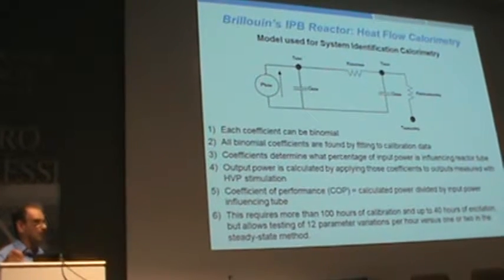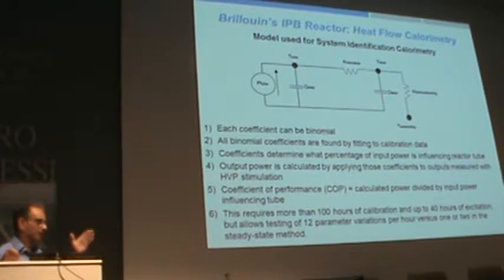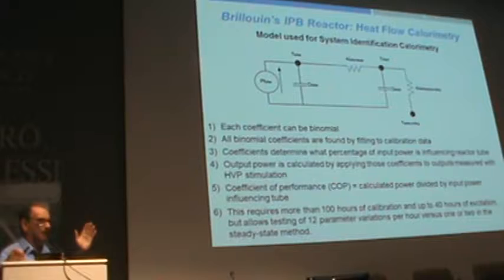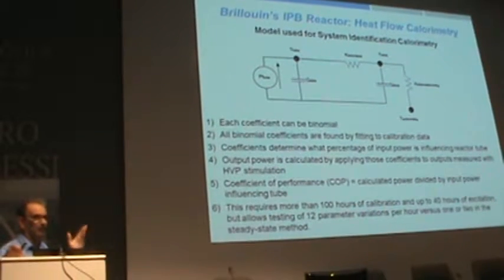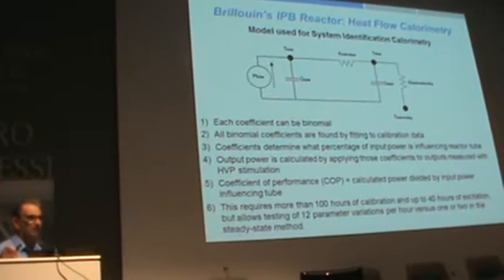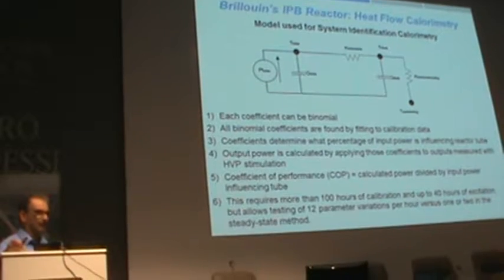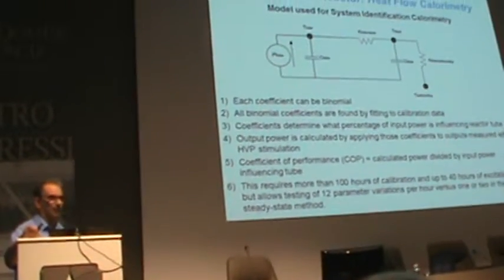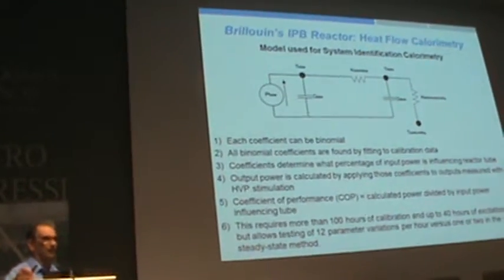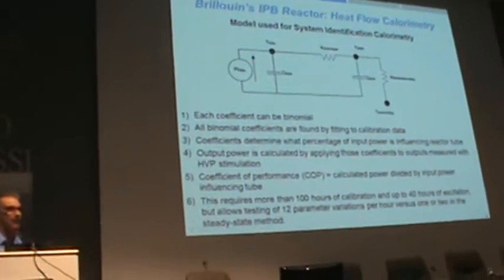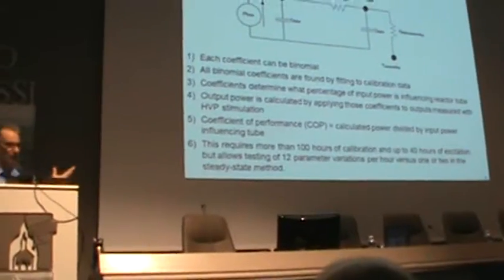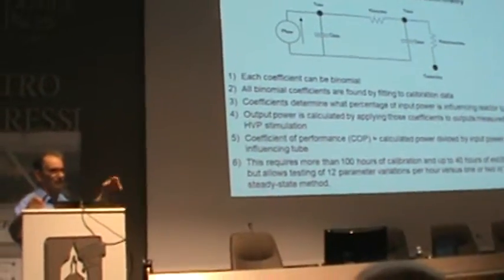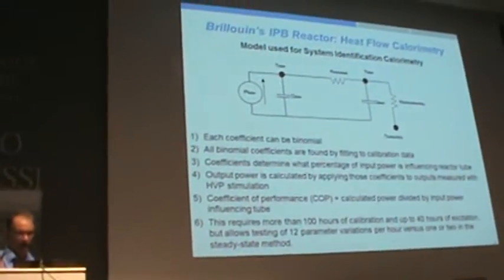But they're binomial in that they have a constant, 1 times temperature, and another 1 times temperature squared. And interestingly enough, as I'll show in a second, the equations put all of them against temperature again, so they're really third order, first order, second order, third order. And with 4 of those and 4 constants and 3 third order, you get about 12.